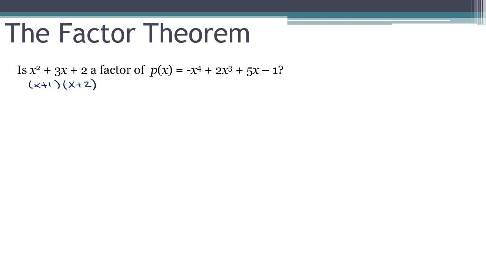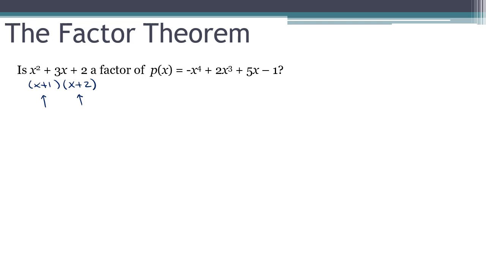And now I'm going to use the same kind of principle that I use for talking about numbers. The only way 6 divides something evenly is if its factors do, if both 2 does and 3 does. Well, that's what I'm going to do here. I'm going to check and see if this factor divides it, and I'm going to check and see if this factor divides it. And if both of them do, well, great, then their product does.